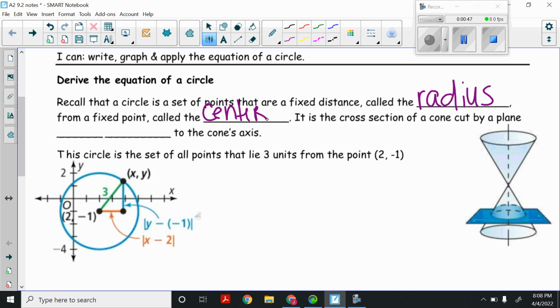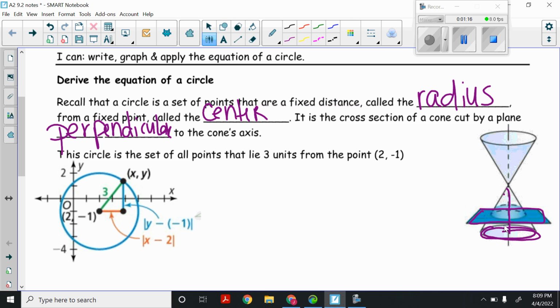It is the cross section of a cone cut by a plane perpendicular to the cone's axis. So here we see that this is our cone. We have a plane, we're cutting it perpendicular to that cone's axis, and so the cross section gives me a circle.